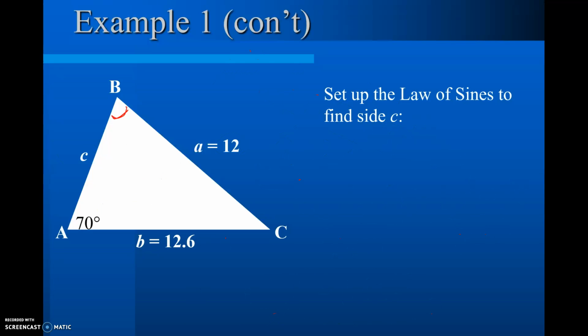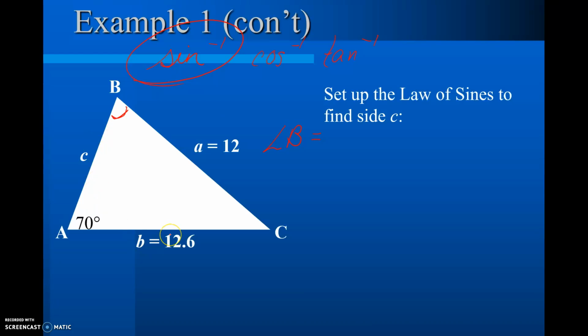Let's see how we could do that if we're just given this situation. It's the same setup. Just remember, whenever we're looking for angles, we use those inverse trig functions: sine, cosine, tangent. And since this is the law of sines, we're going to be using inverse sine. So every time you see angle, think that you're going to use that inverse function.